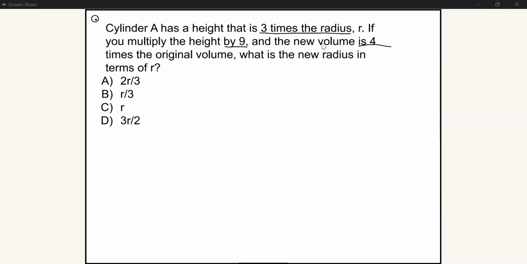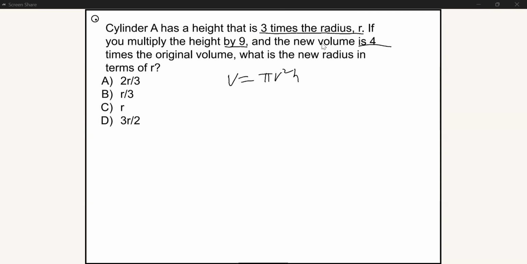3 times the radius r, but our answer is in r, so we don't actually need to solve for what h and r are, so that's probably not helpful, especially because the height is going to be changing from one to the next. So let's say the first volume, right, V equals pi r squared h, right?